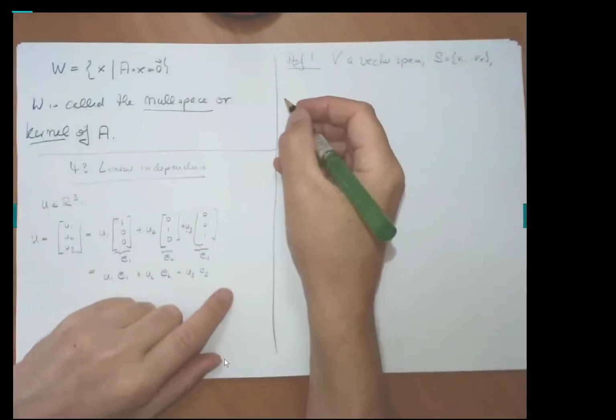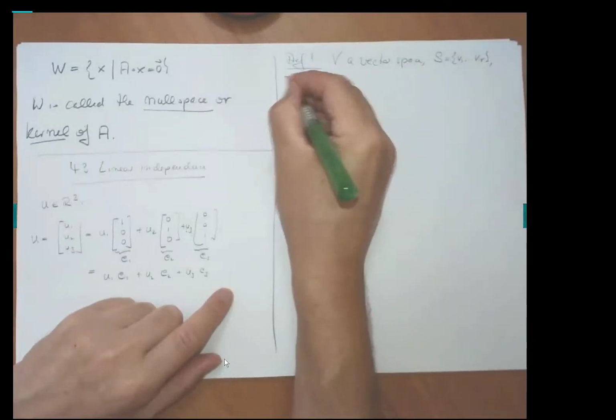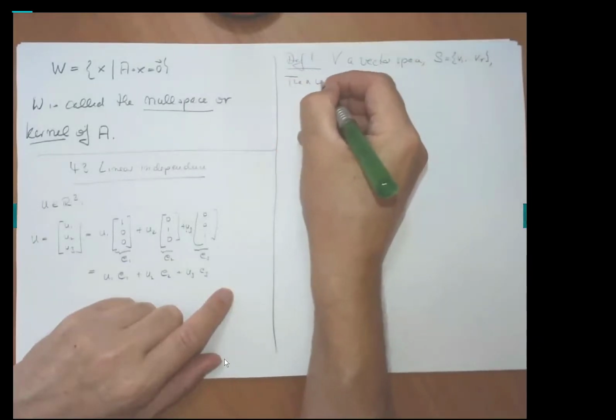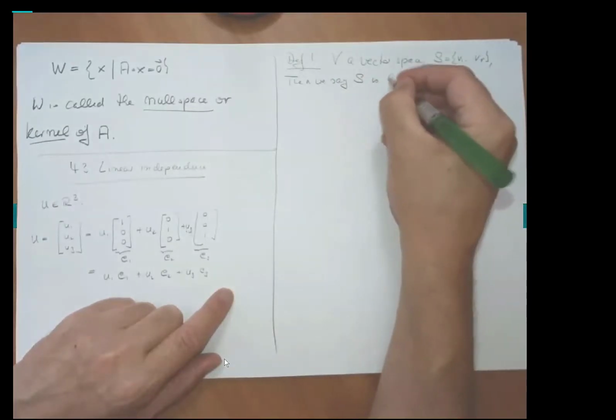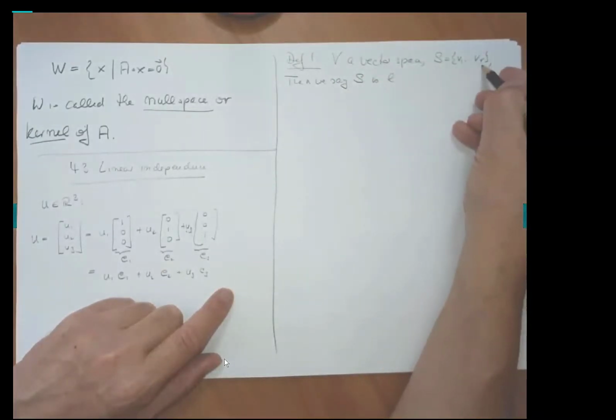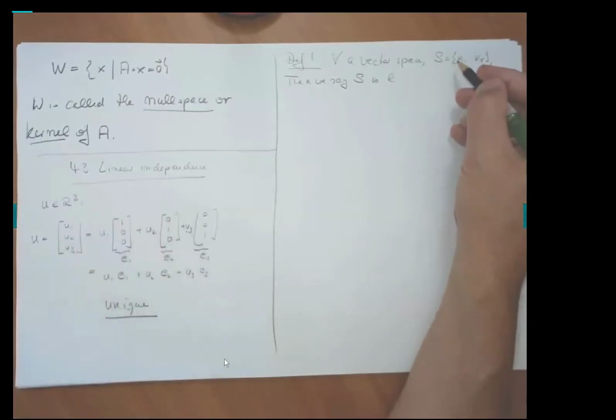So then we say S, also this set with these r vectors is a set, not a subspace. It's just really, for example, 2 vectors, no?